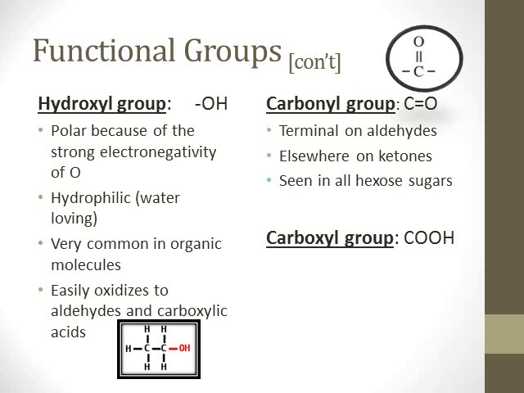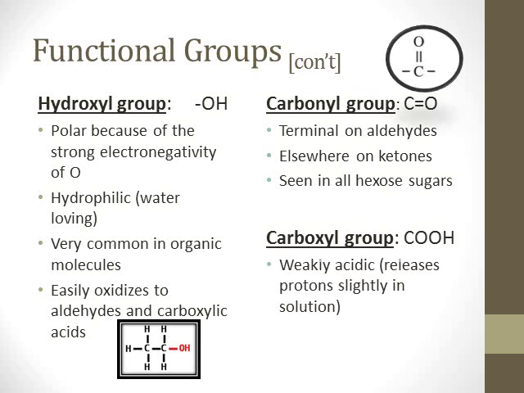Our next group is the carboxyl group, and you often see it written like this, COOH. It's a little bit difficult to show the bonding like this. I've got a visual coming up for you in a minute. Carboxyl groups are present in carboxylic acids. They're weakly acidic, meaning that they'll donate protons a little bit in solution, and we will be looking at organic acids and organic bases in another PowerPoint.